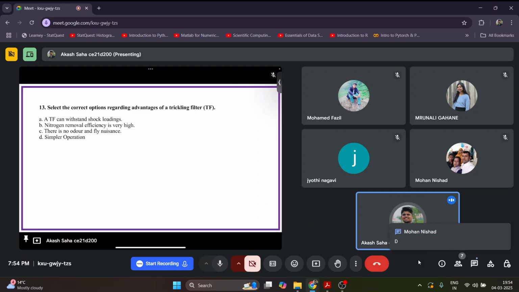C or D. I don't think both of them are correct because nitrogen removal will not be there in a trickling filter, or even if it's there, it will be low. Simpler operation you can say, that will be right.